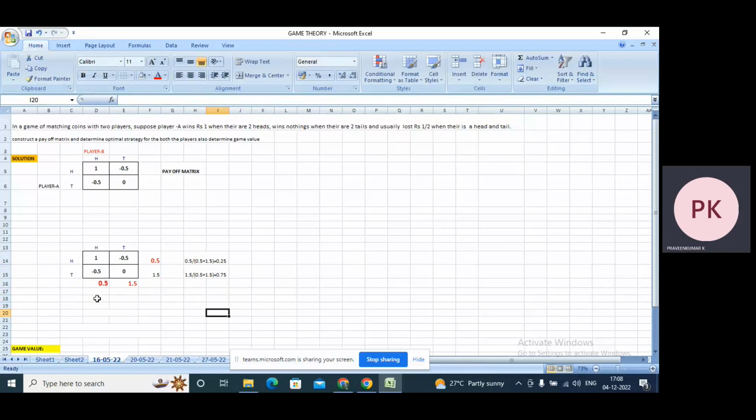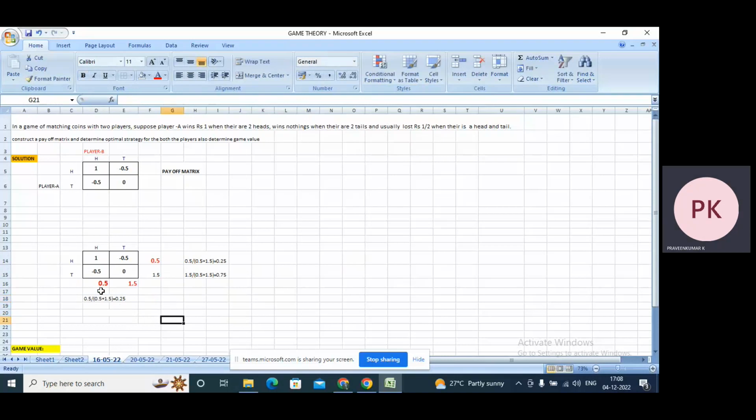Now go for player B. For player B, it is 0.5 divided by the sum of these two, that is 0.5 plus 1.5. So we get 0.5 divided by 2, that is 0.25.